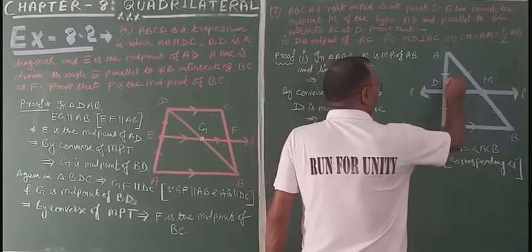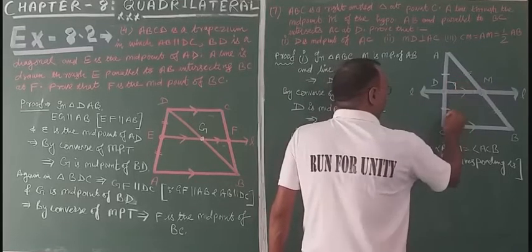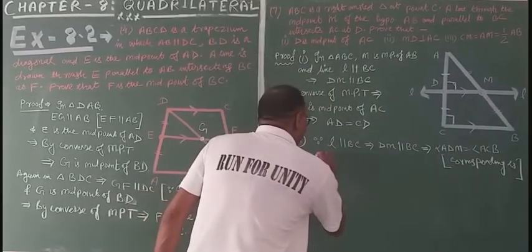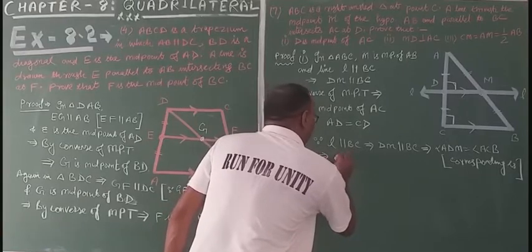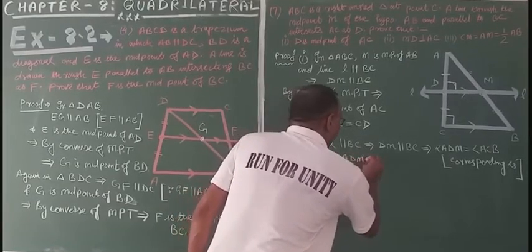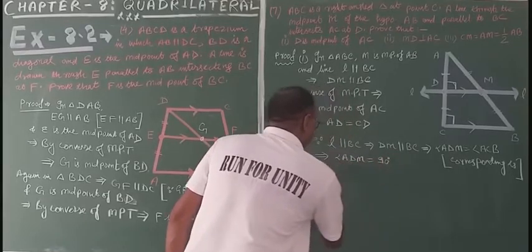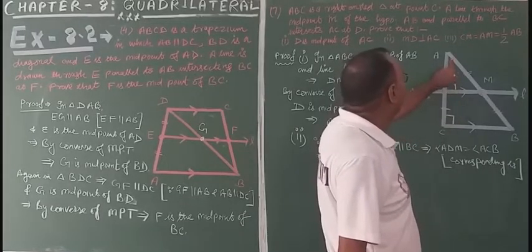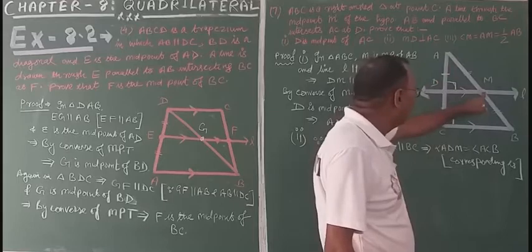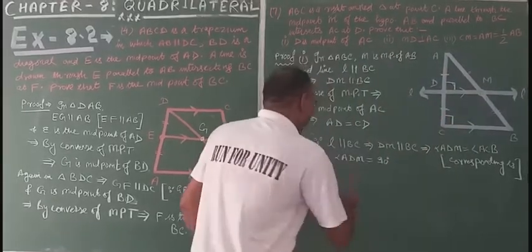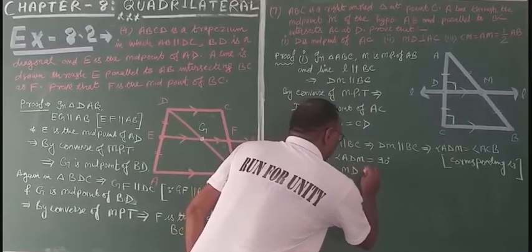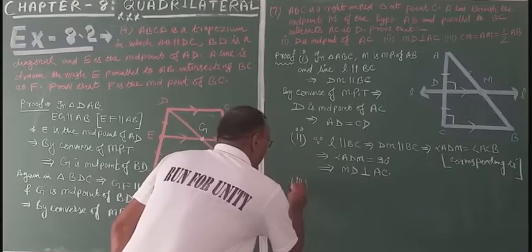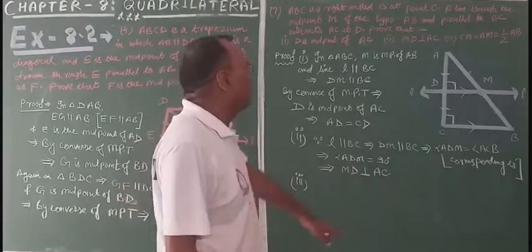So angle ADM will be equal to 90 degrees. It means this MD is perpendicular to AC.